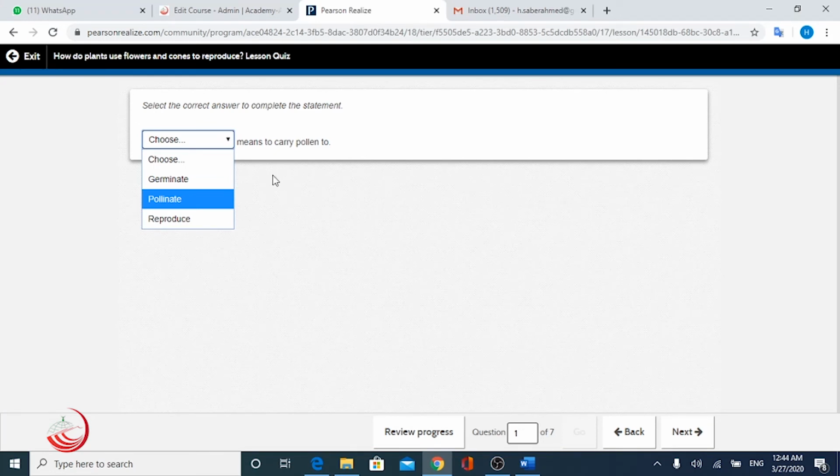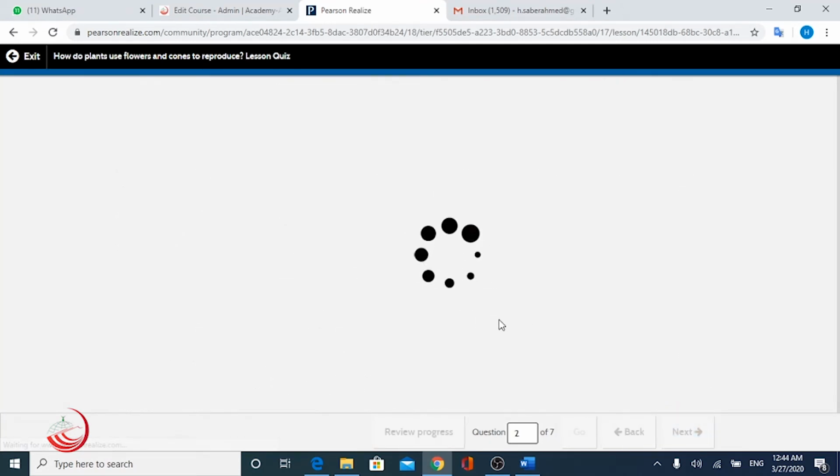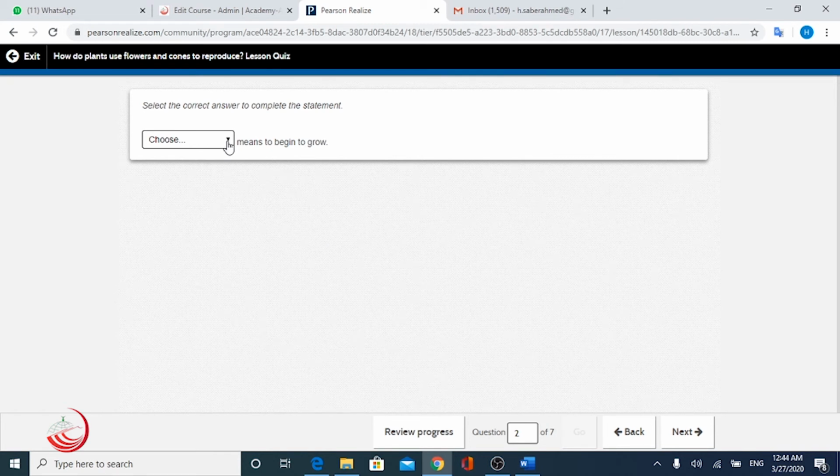Very good. Choose. What is the meaning of carry pollen? Carry pollen to. Germinate, pollinate, reproduce. I will say pollinate. Now next. Means to begin to grow.